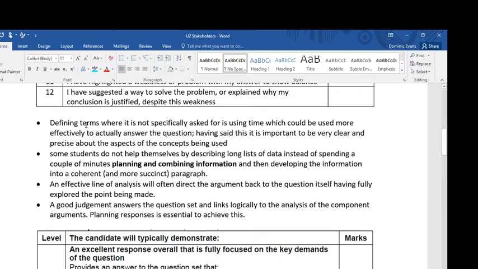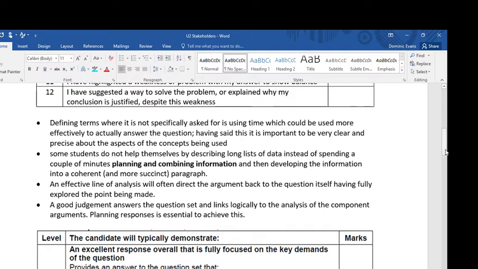It does say here, defining terms where it is not specifically asked for is using time which can be used to more effectively answer the question. Having said this, it is important to be very clear and precise about aspects of the concepts being used, and a definition does give you that.